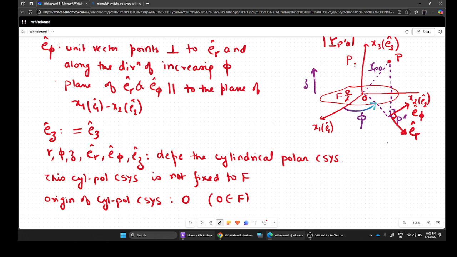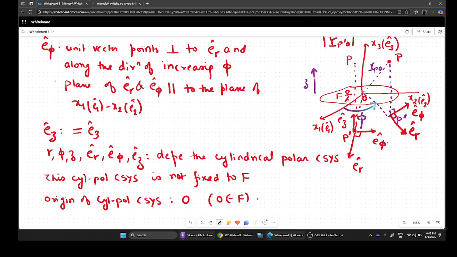If point P moves to this new location, you will have to drop a new perpendicular here, P prime, and then you will have to join point O to point P prime, and then this will become the new e_R unit vector. This will become the new e_phi unit vector, and the e_Z unit vector will still be the same, pointing in the E3 direction.